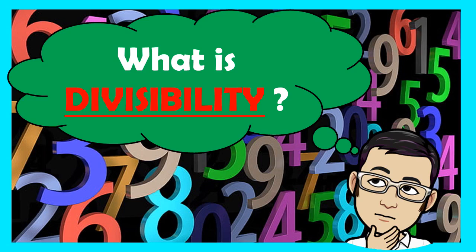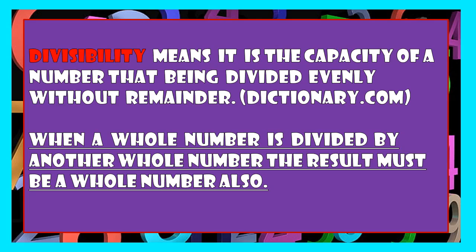So, what is divisibility? Ano ba ang ibig sabihin ng divisibility? Divisibility means it is the capacity of a number that being divided evenly or equally without leaving any remaining or remainder.